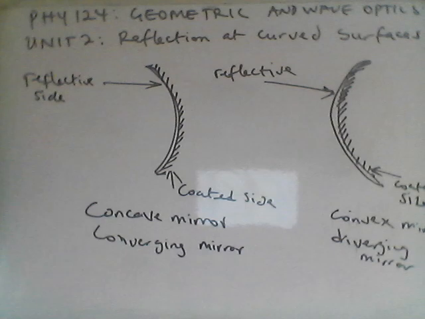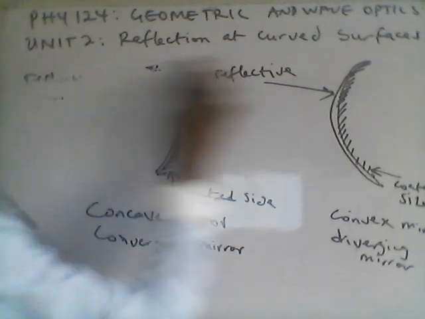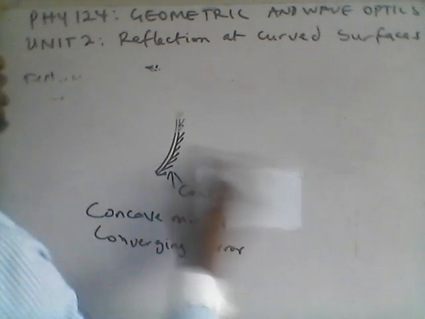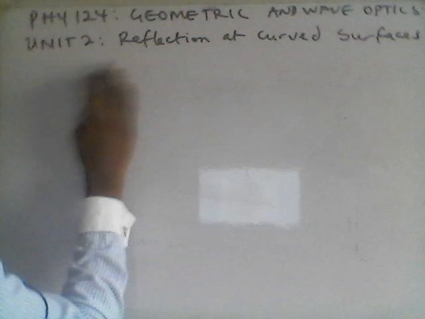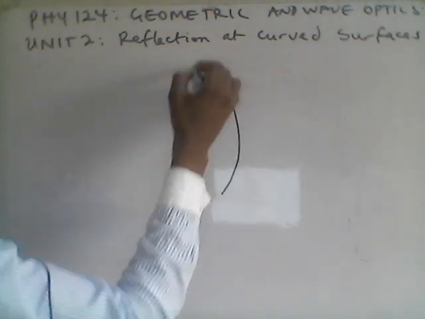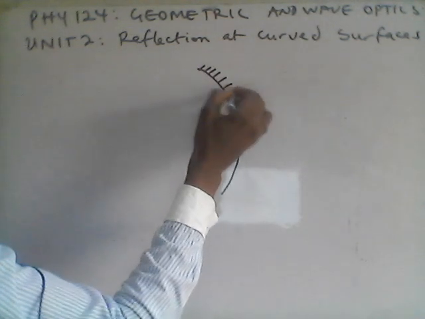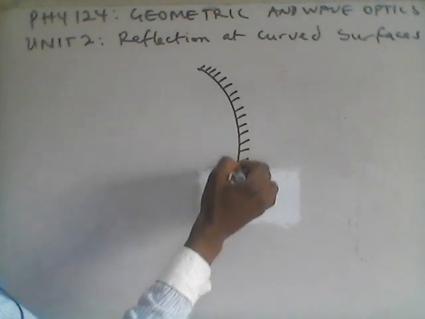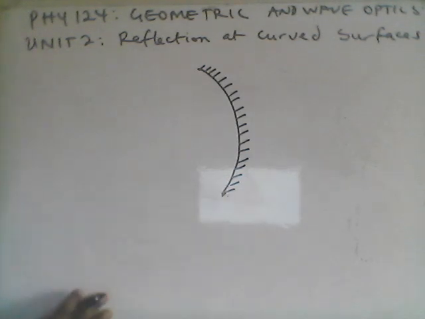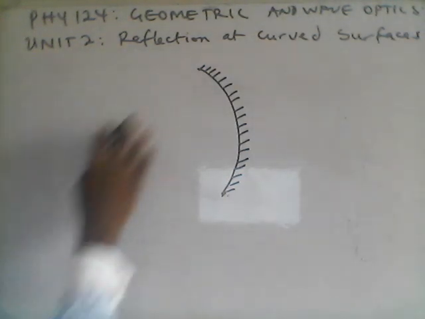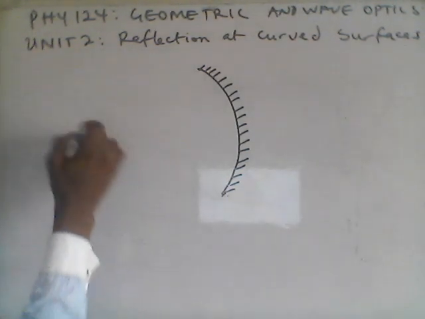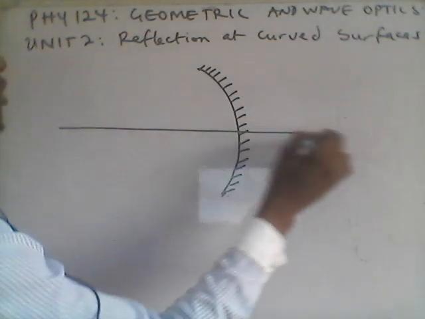All right, let's see what happens to rays incident on a concave mirror. I will start by identifying the parts of a concave mirror. The coated side is at the back, and the reflective side is at the front. If I have a concave mirror like this, there's an imaginary line that cuts the mirror into two.